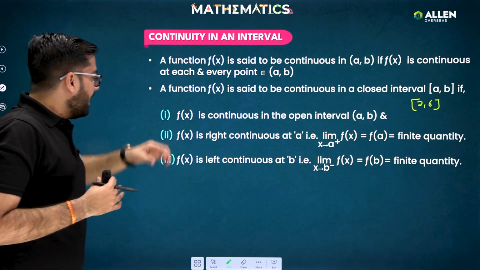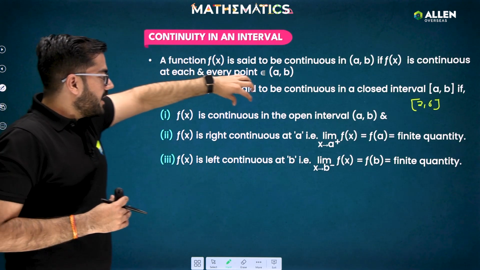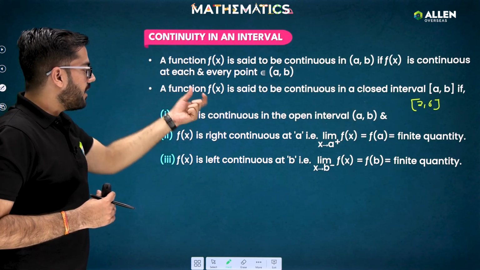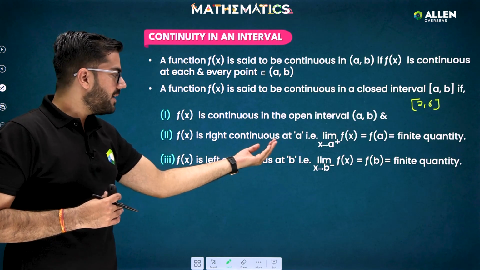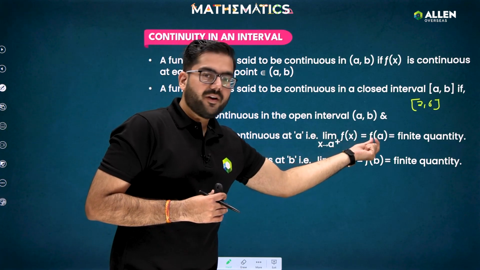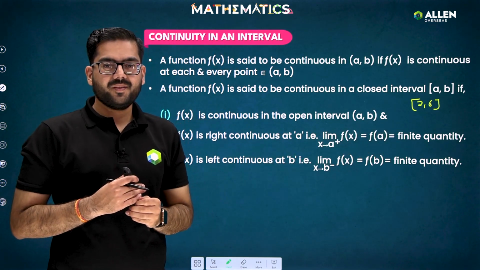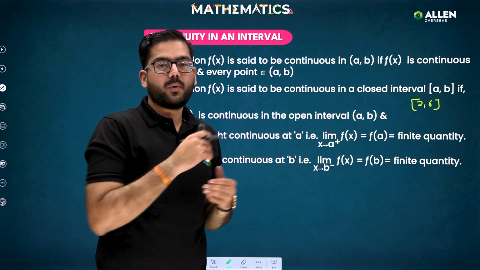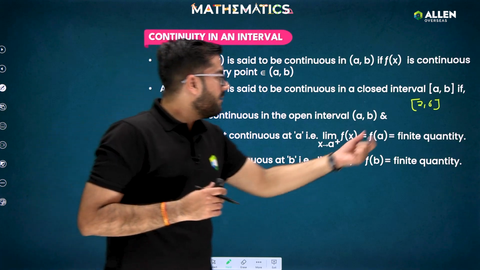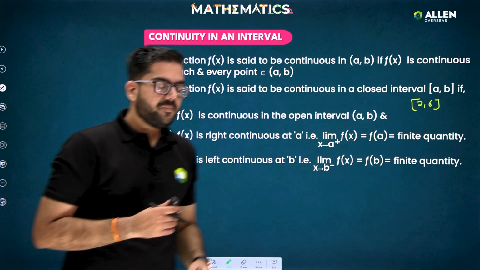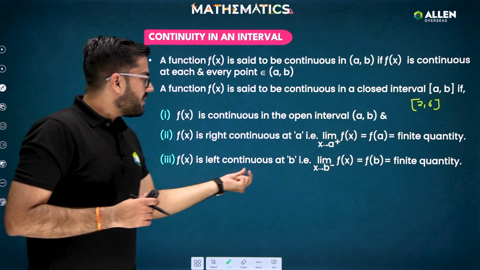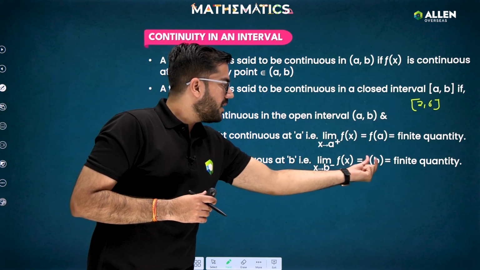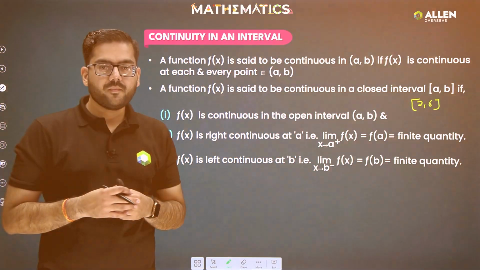Then first, f of x must be continuous in the open interval a comma b, and f of x must be right continuous, that is, the right hand limit at a is equal to f of a, a finite value. So the right hand limit will be equal to the function value at this particular point. As well as f of x is left continuous, that is, the left hand limit at b is equal to f of b, finite, right?